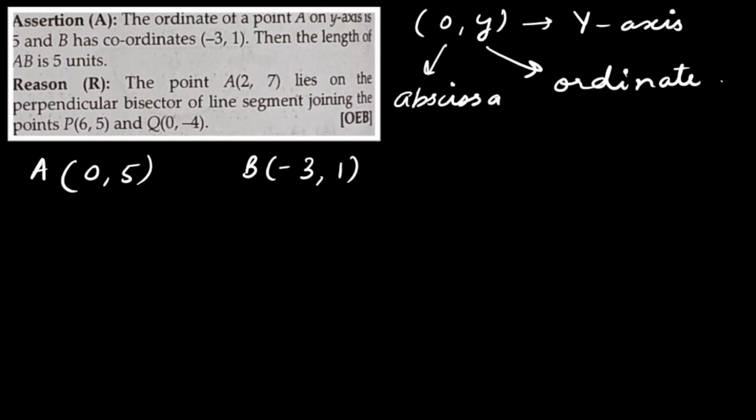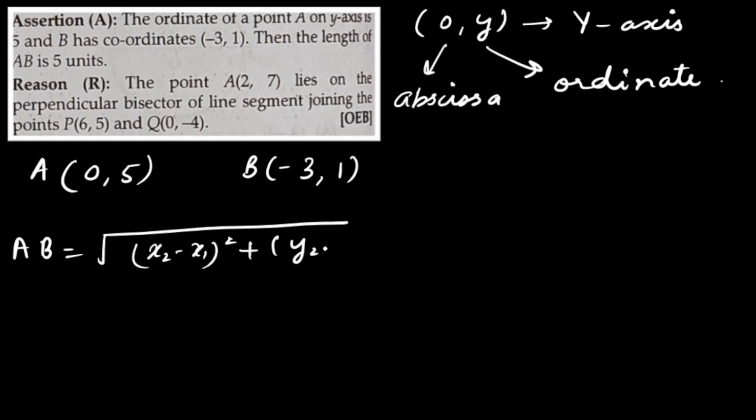Then the length of AB is 5 units. So if these are the coordinates, they are telling us AB's length is 5 units. Length we can find using the distance formula. Let us check whether we are getting the same length or not. AB is equal to the square root of (x2 minus x1) whole square plus (y2 minus y1) whole square.